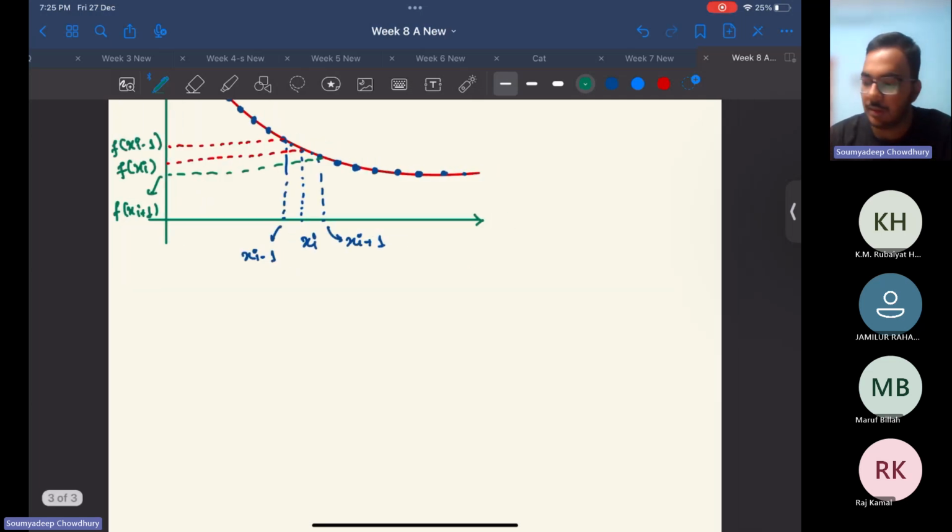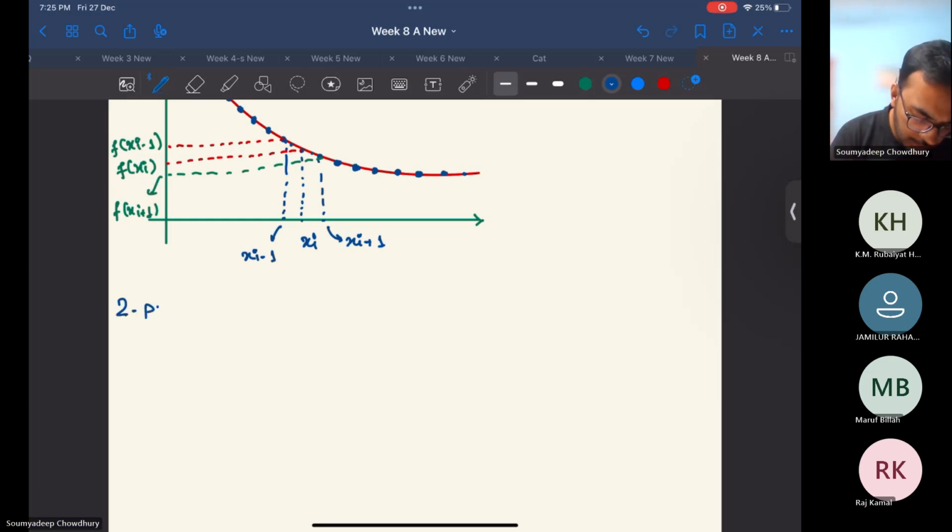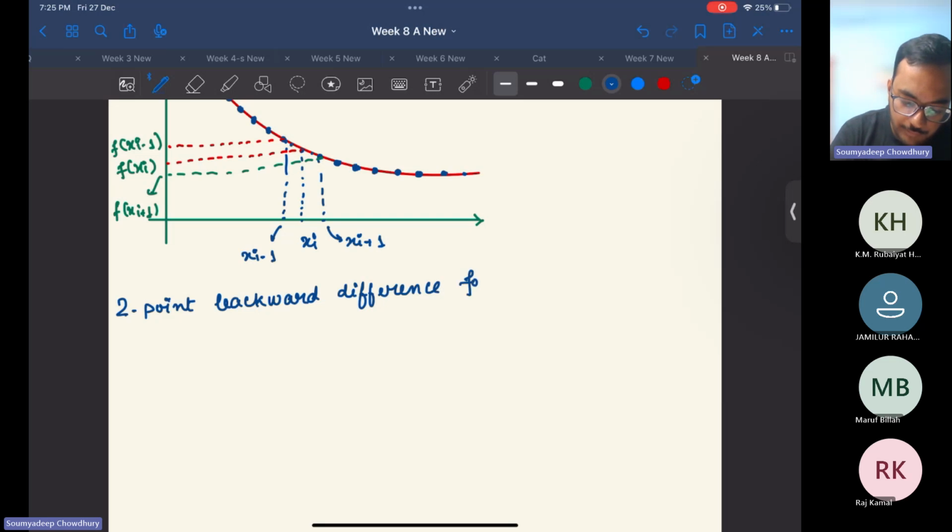So we'll see here now. First, we'll look into the 2-point backward difference formula.